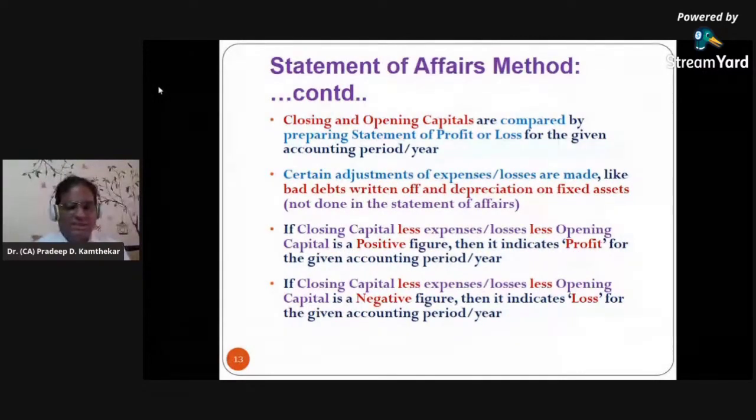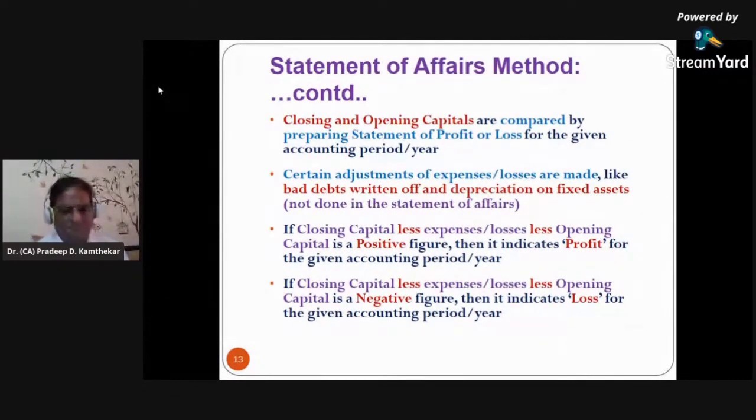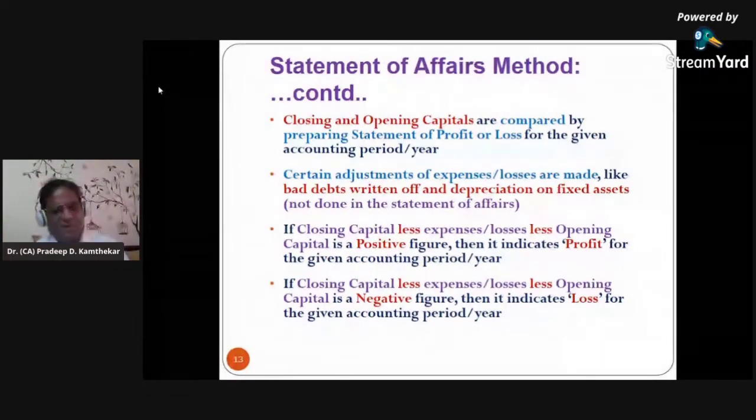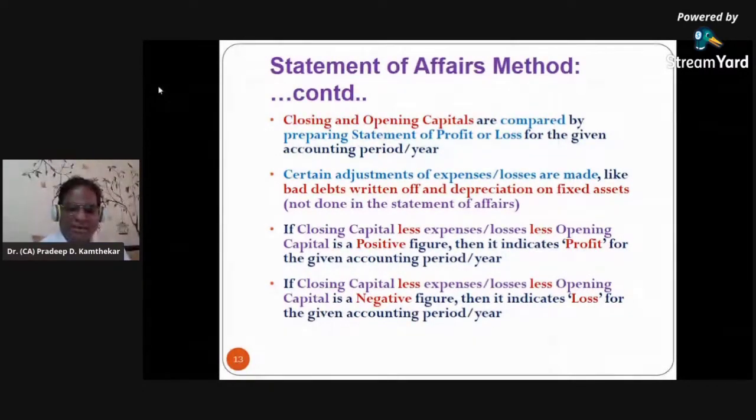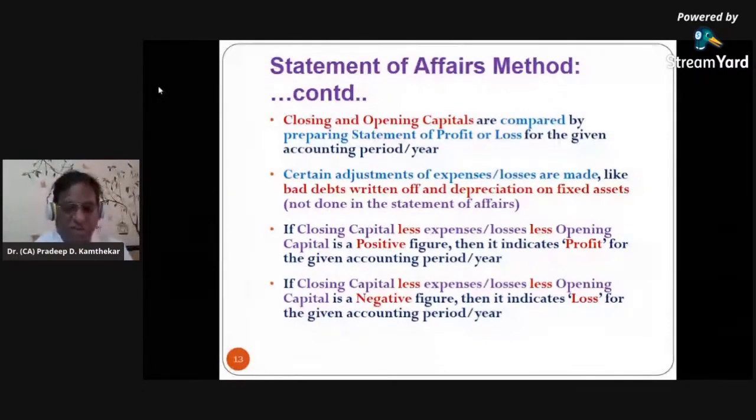Now, what is the result of this comparison? In the beginning, we start with the closing capital as given to us by the closing statement of affairs. From that, we minus the expenses and losses which are not dealt with. For example, I said bad debts written off, RDD provided for, depreciation on fixed assets which is not charged.